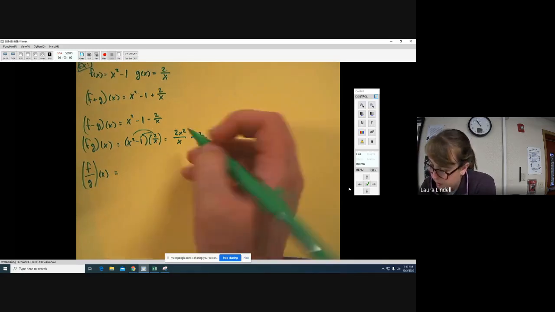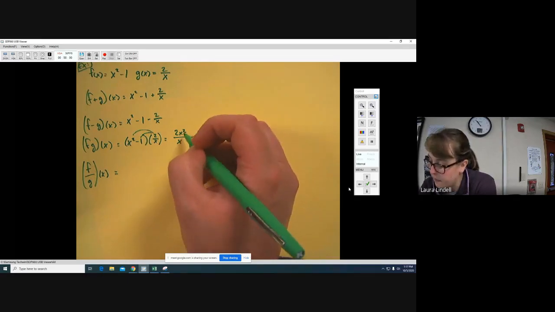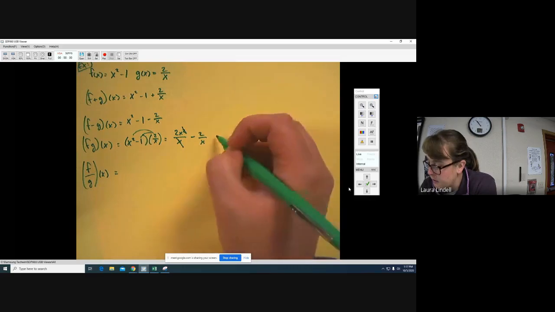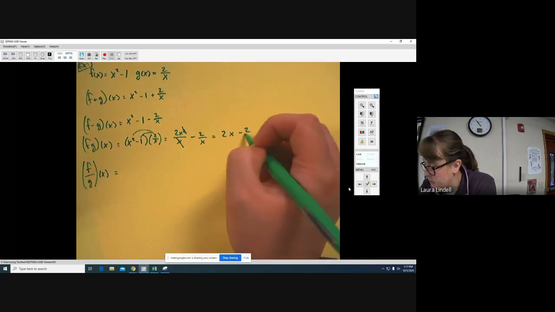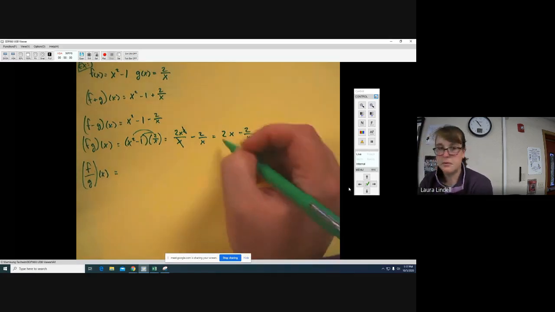And so here you can cancel one of the x's in the top with the x in the bottom. So you can cancel that to get 2x minus 2 over x for the final answer on that one. So that's like the most simplified version of it.